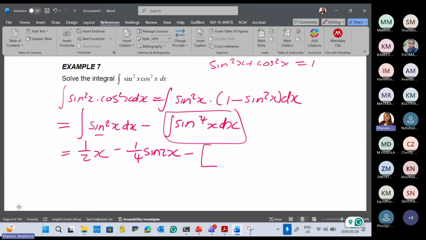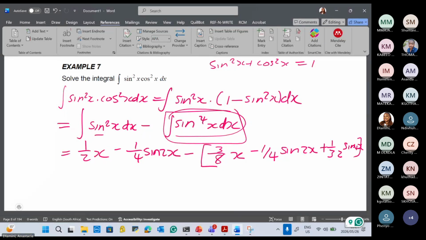Minus, so remember this whole thing, you need to put it in bracket, minus 3 over 8x minus 1 over 4 sine 2x plus 1 over 32 sine of 4x plus c.